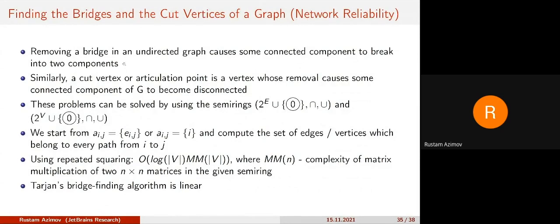And about finding the bridges and cut vertices. Some algorithms can reuse the classical algorithms, but they will not have good complexity.